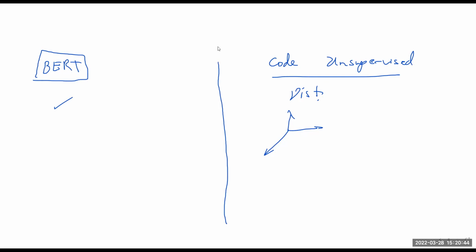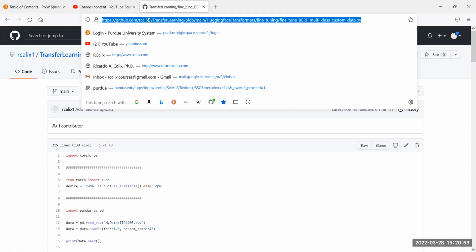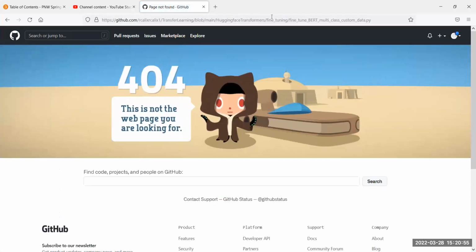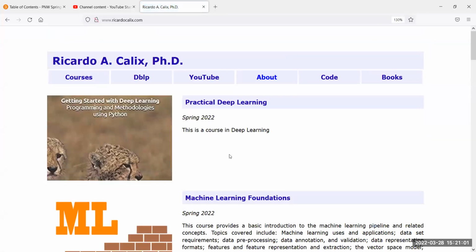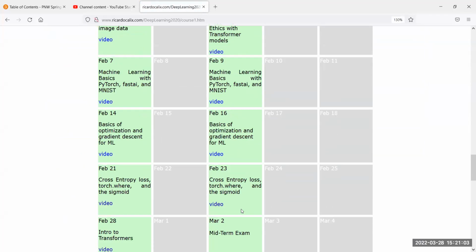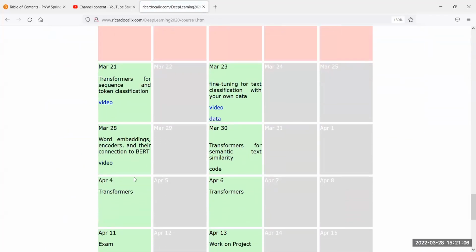So actually for this, let's go back to the calendar. So I'm sharing the calendar here. All right, so if we go to the course, you'll see that today I have called this lecture: word embeddings, encodings, and their connection to BERT. So it's actually pretty interesting because the story of BERT, although it's a story of transformers, is better understood in the context of word embeddings.